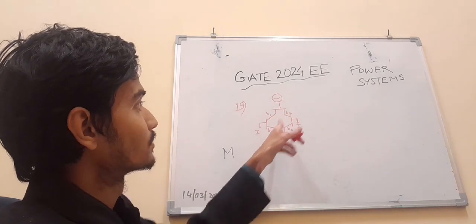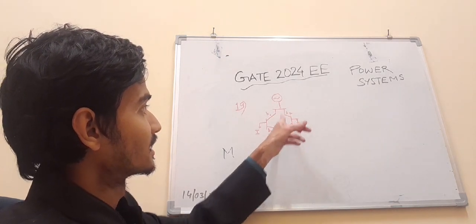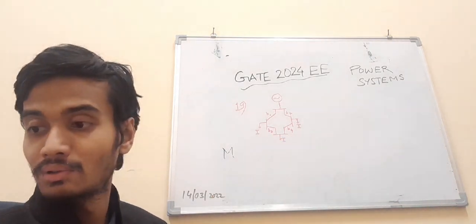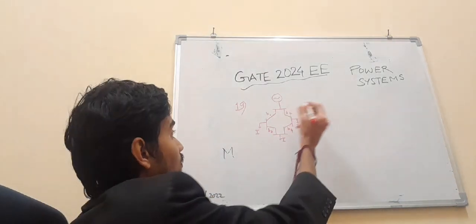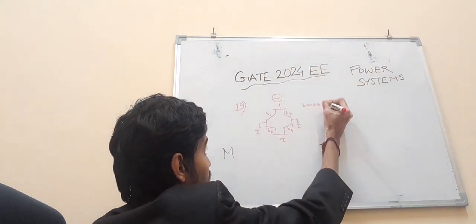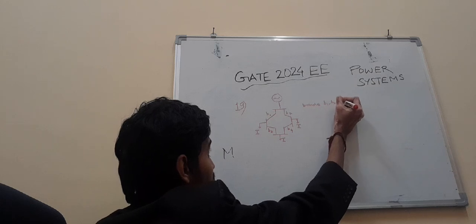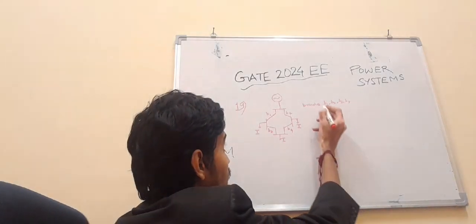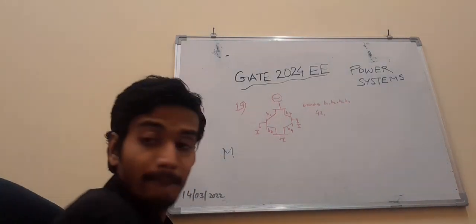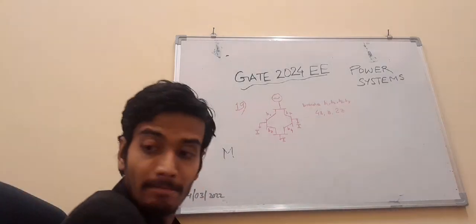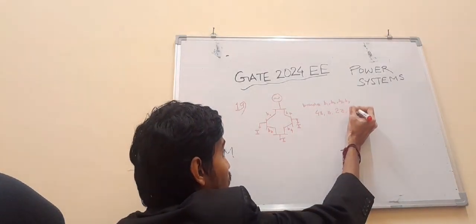There are 4 branches B1, B2, B3, B4, and at each bus there is a load of I drawn. So it is given that branches B1, B2, B3, B4 have impedances 4Z, Z, 2Z and 4Z per unit respectively.